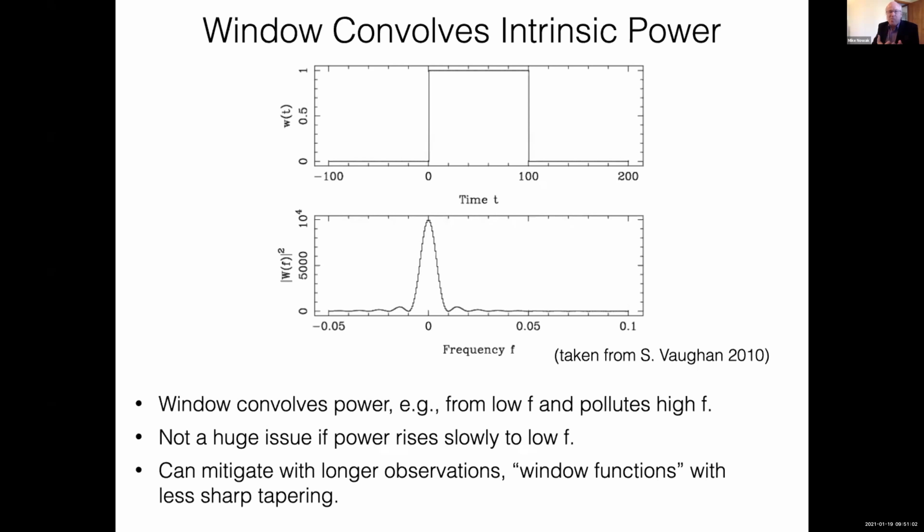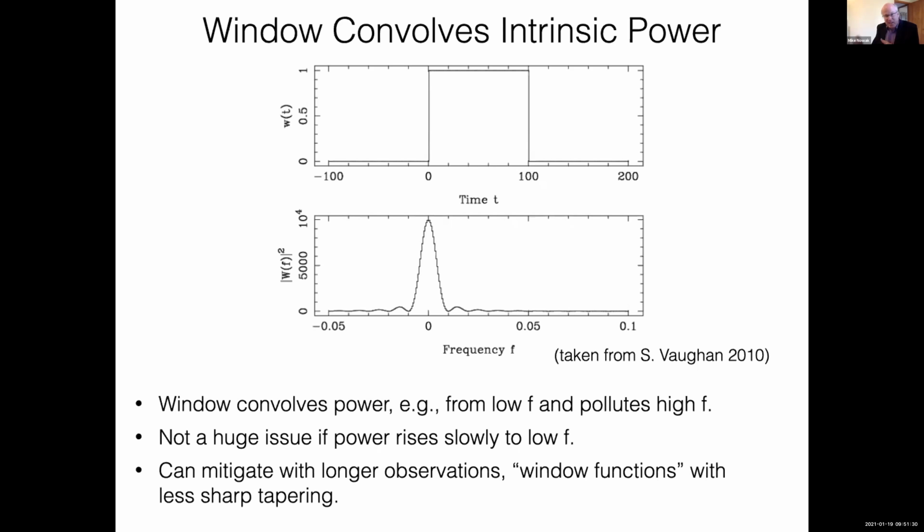So I'm convolving the Fourier transform of my intrinsic process with the Fourier transform of the step function. And so I could be taking power from low frequencies, and with the convolution, putting that power at high frequencies. And so that can confuse a little bit my estimates of the power spectrum in this particular case.